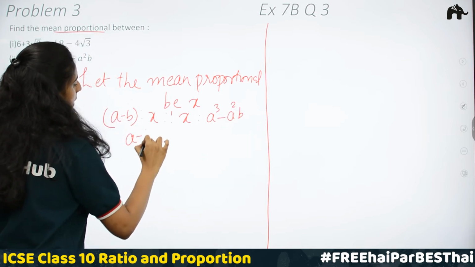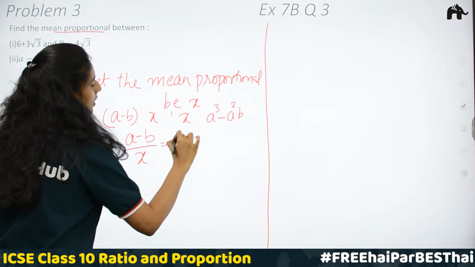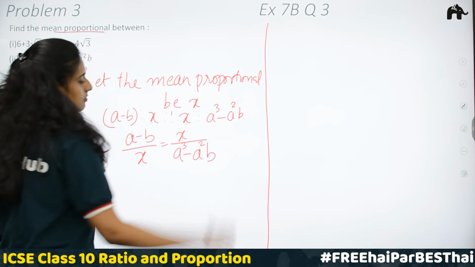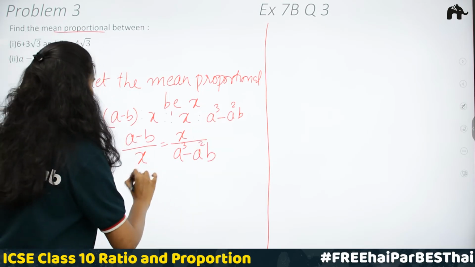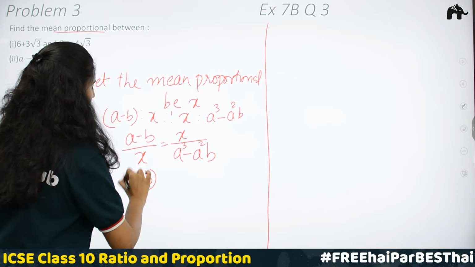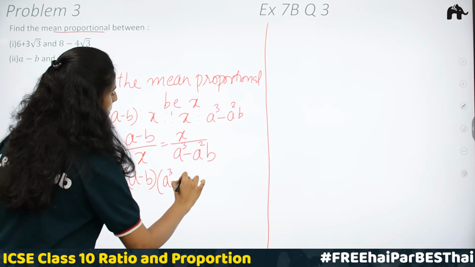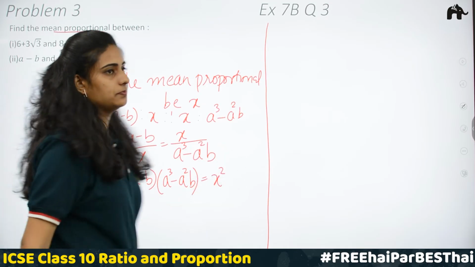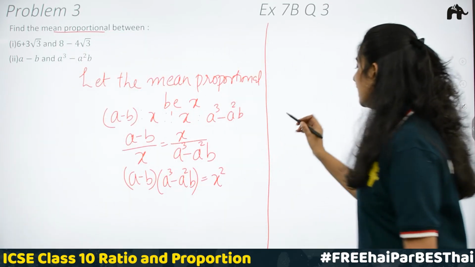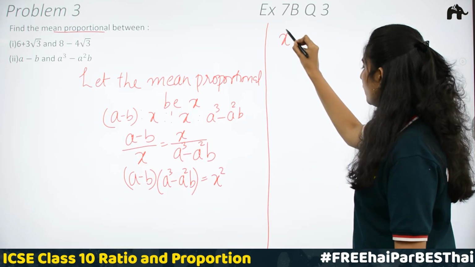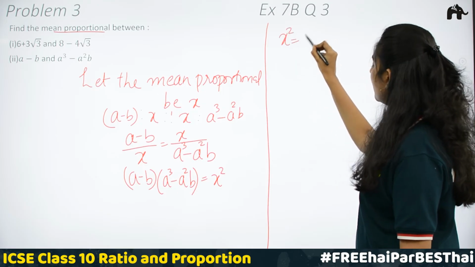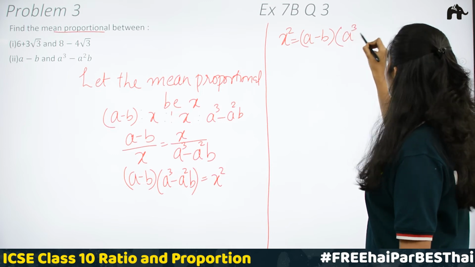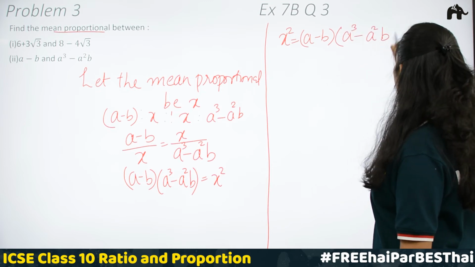That is, a minus b divided by x is equal to x divided by a cube minus a square b. Cross multiplying, a minus b into a cube minus a square b is equal to x square. Okay, that is, x square is equal to a minus b into a cube minus a square b.